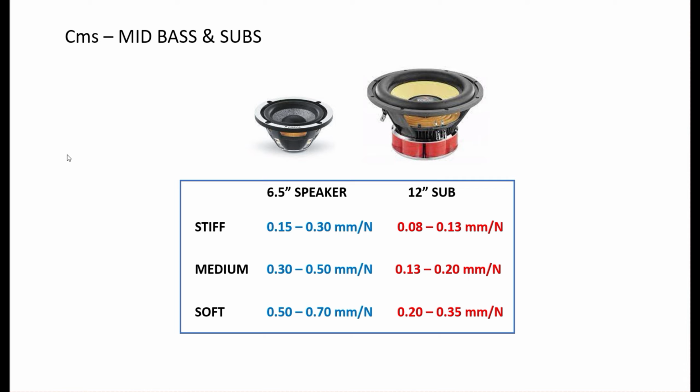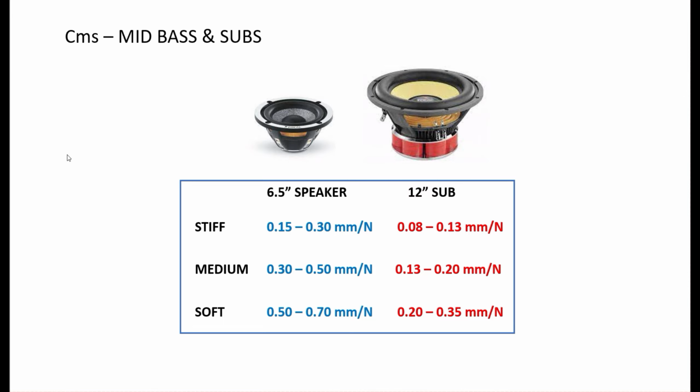Then you really want to look at a Cms of less than 0.3, because you want a stiff mid-bass in an enclosure, right? If you're going to put the mid-bass in the doors in the rings and vent it into the door void, then you want a pretty soft mid-bass, something with a Cms greater than 0.5.